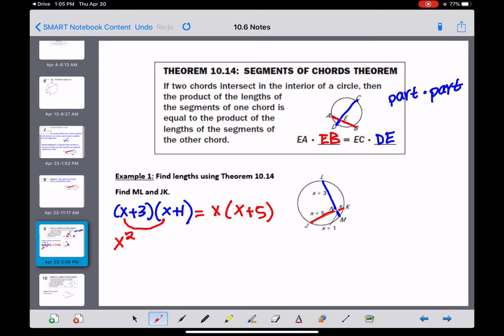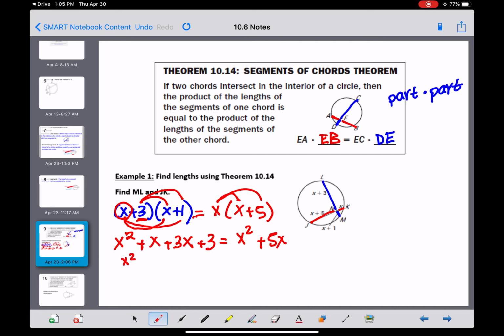Then you're going to take that X and multiply it times the 1, so plus X. Then you're going to take the 3 and multiply it times the X, and 3 times 1. So you multiply that first term times the other two, and then the second term times the other two. The same thing is going to happen on the right side, except we only have one term to multiply by the other two. So we're going to take X times X, which is X squared, and X times 5, which is 5X.